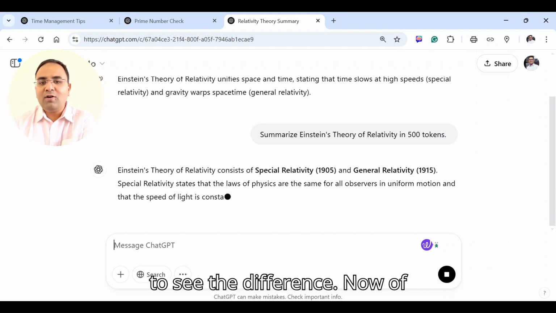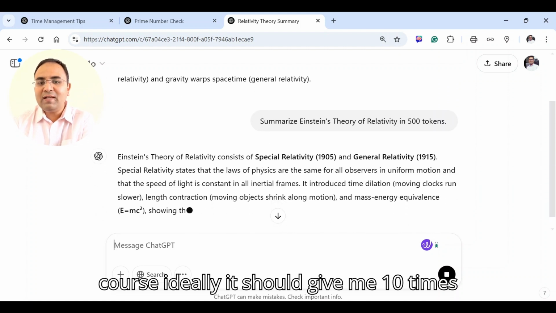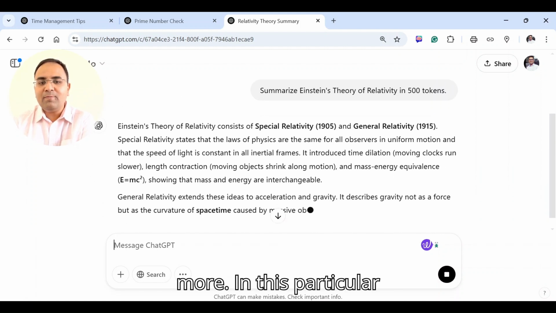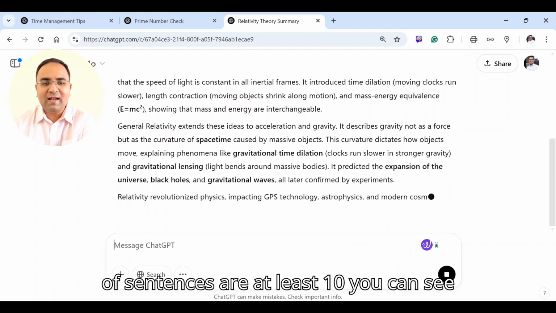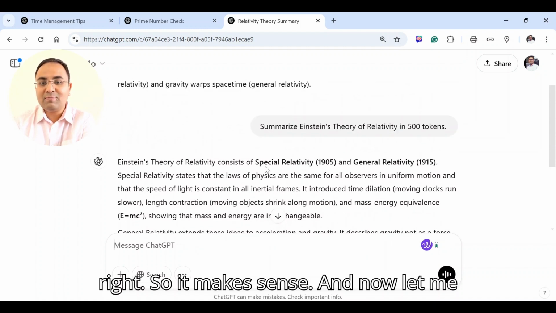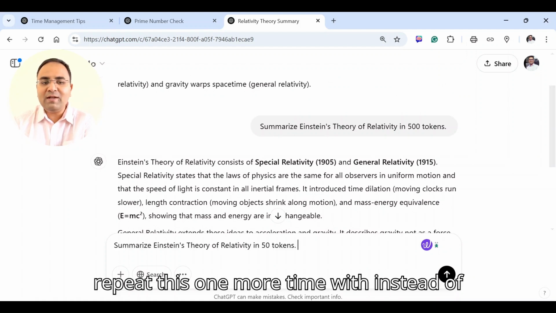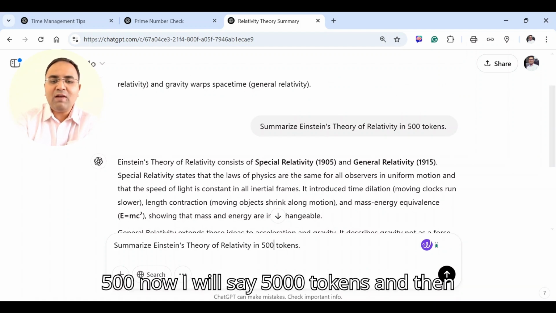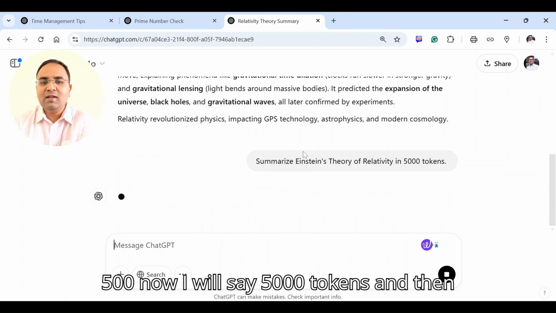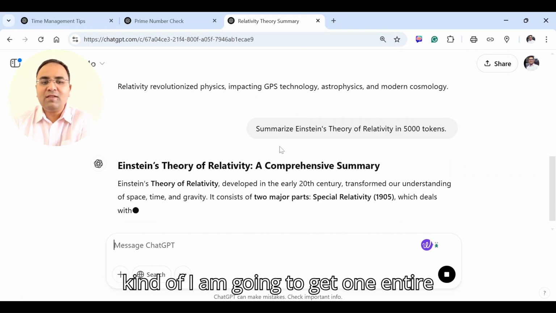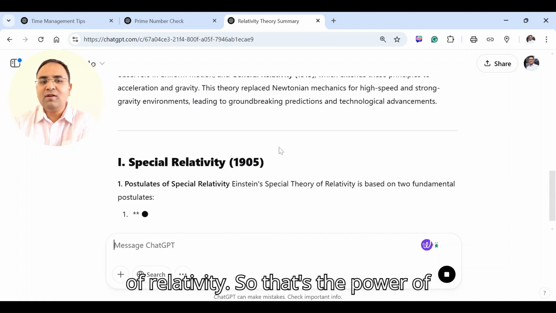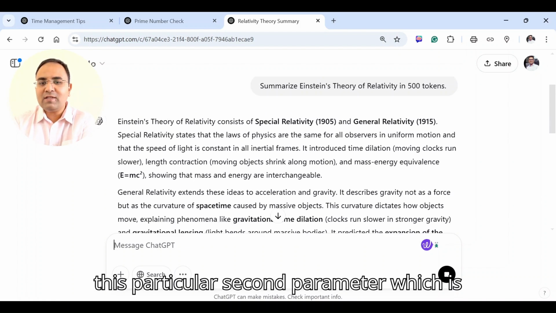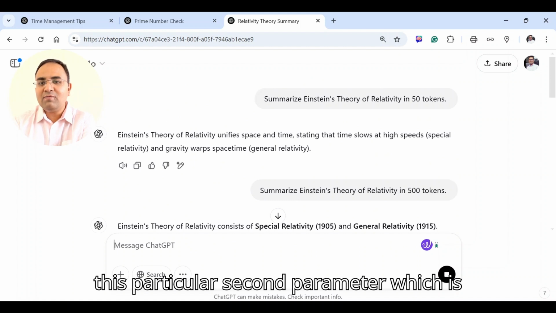Ideally it should give me 10 times more, and actually the number of sentences is at least 10, I can see, which makes sense. Now let me repeat this one more time with 5000 tokens instead of 500, and I'm going to get one entire essay based on Einstein's theory of relativity. So that's the power of this second parameter, which is called tokens.